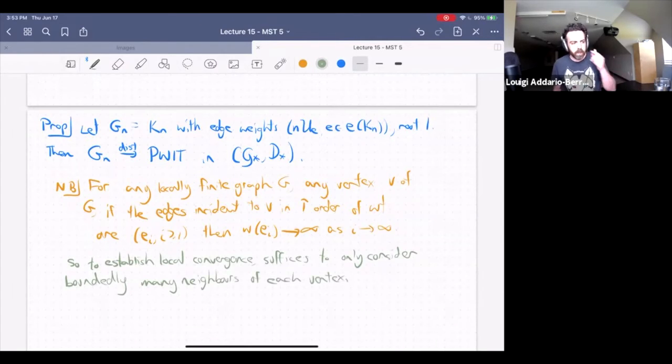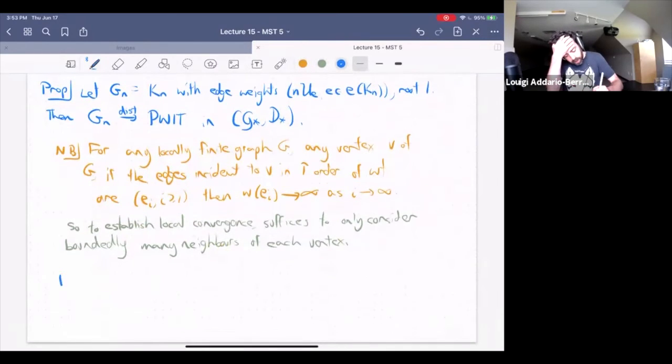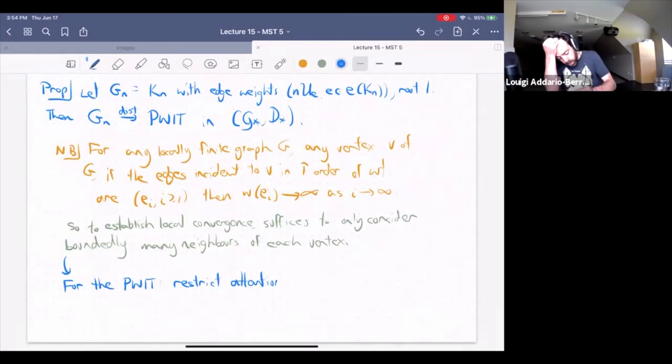Okay, so to be a little bit more precise, for the PWIT, let's restrict our attention to, I'll give it a superscript k, PWIT^k.